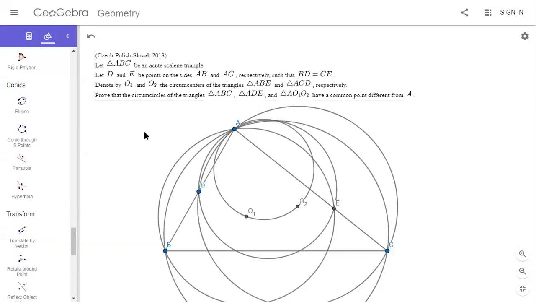Let's see. So we want to show that D and E have the same, if we take the ratios of the powers with respect to AO1O2 and ABC, we want to show that they're the same.